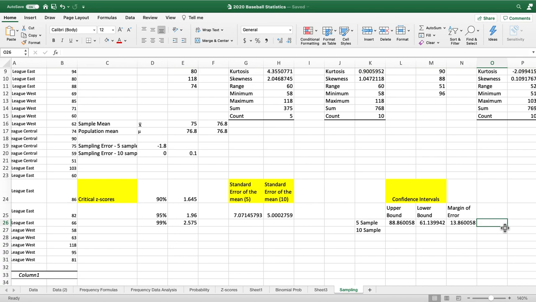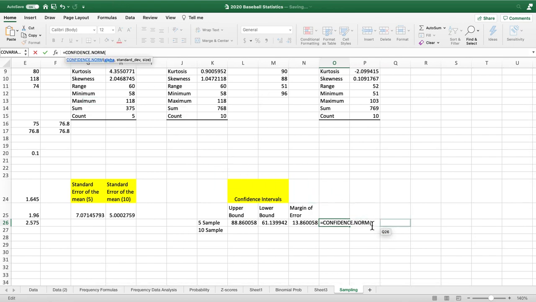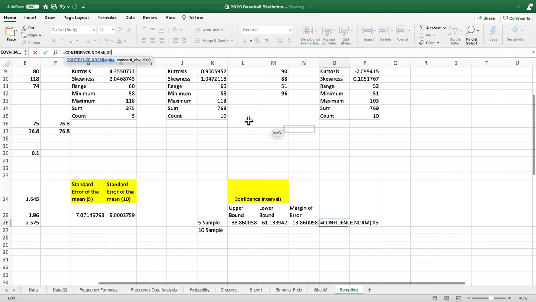Another way you could do it is to use the formula CONFIDENCE.NORM. Our alpha would be 0.05 because we want 95%, so there's 5% left. That's my alpha.